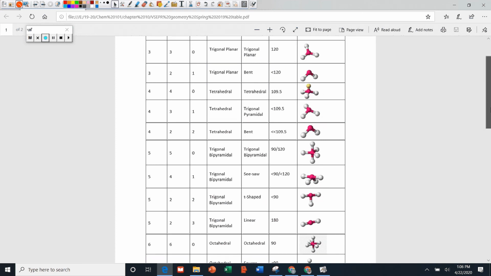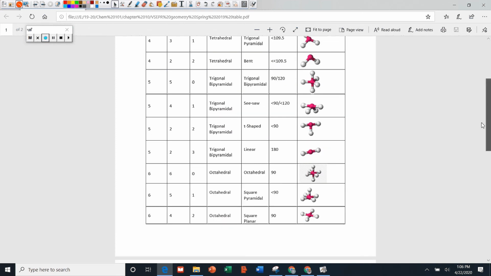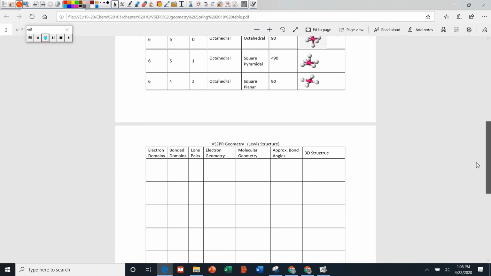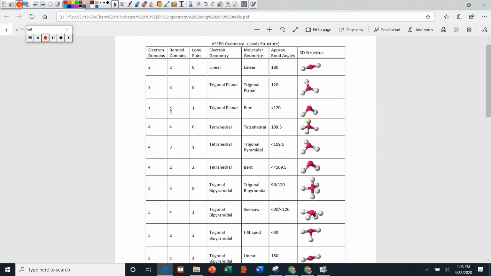So just be aware that that's coming. Then we'll look at other things like that practice sheet as we go through it. Polarity has a lot to do with the shape of the molecule, whether it's symmetrical or asymmetrical overall. But I just wanted to give you those examples.